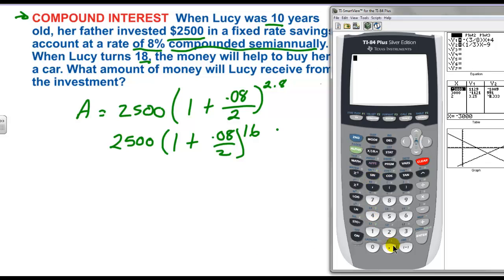I would take 0.08, divide that by 2, find out what that equals, add 1 to that, find out what that equals, raise it to the 16th power, and multiply by 2,500.